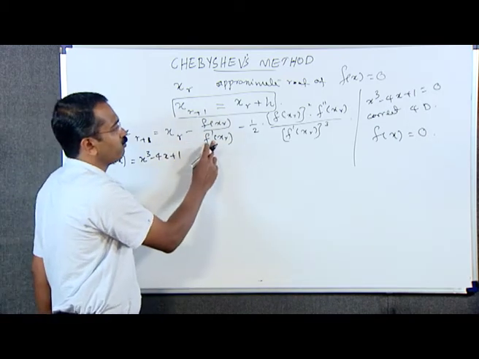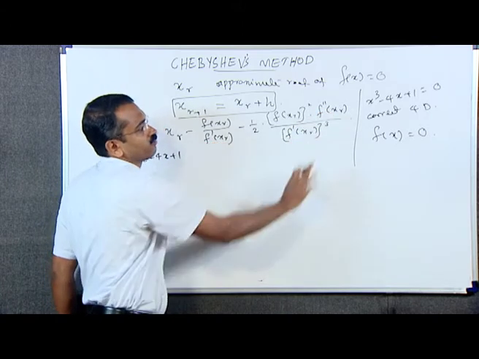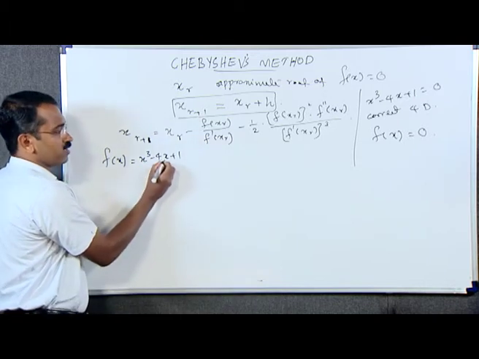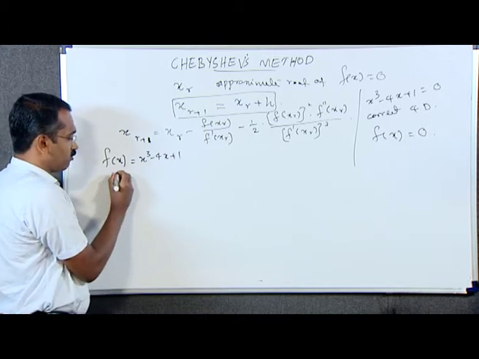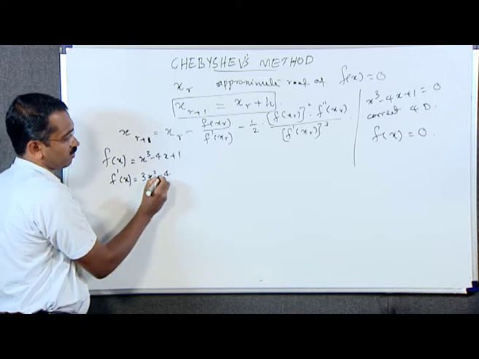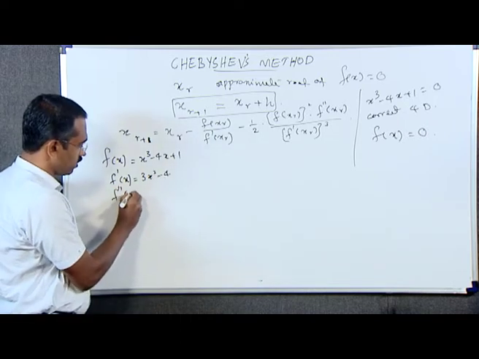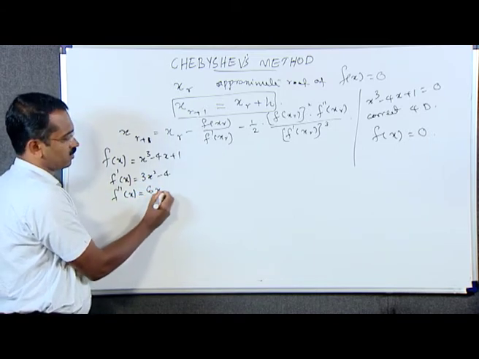Therefore, we want to find f'(xr) and f''(xr). Here f(x) = x^3 - 4x + 1, then f'(x) = 3x^2 - 4, and f''(x), obtained by differentiating this, is 6x.